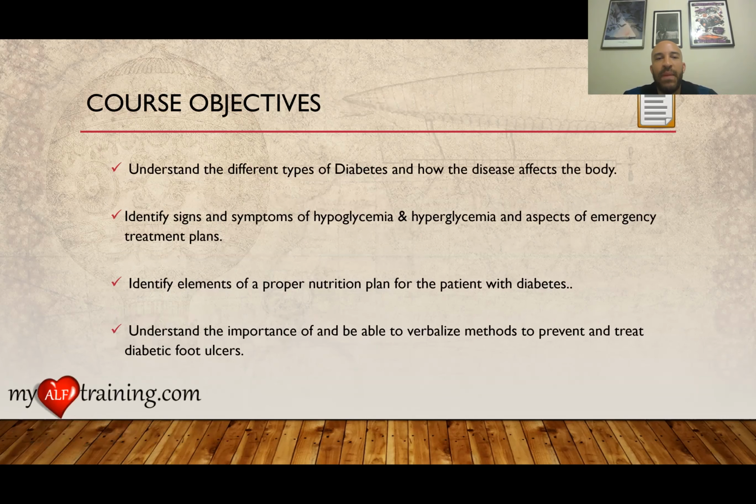So we met all of our course objectives for today. Hopefully you understand the different types of diabetes and how the disease affects the body. We talked about diabetes type 1, diabetes type 2, and gestational diabetes.